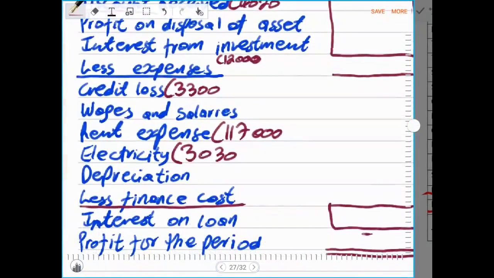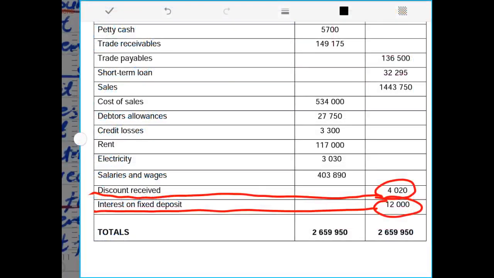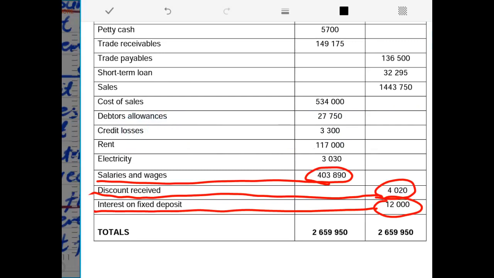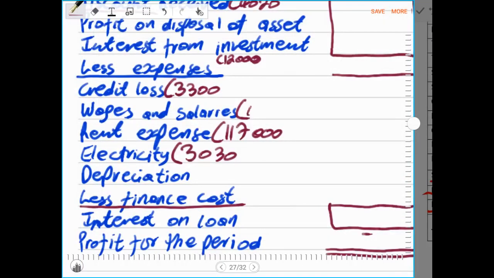Under expenses, credit losses, we had an amount of 3,300 given. Wages and salaries are given there, salaries and wages 403,890, and I record that, just recording all the amounts that are already given.